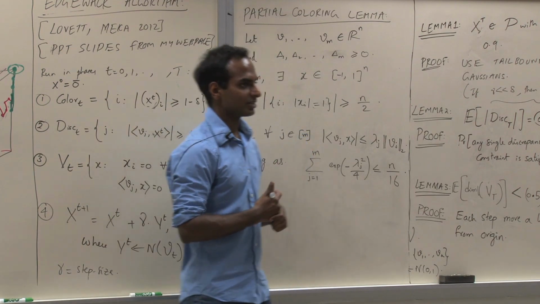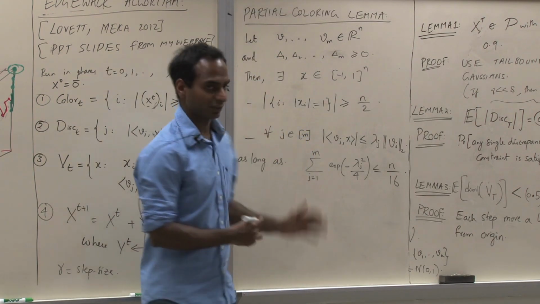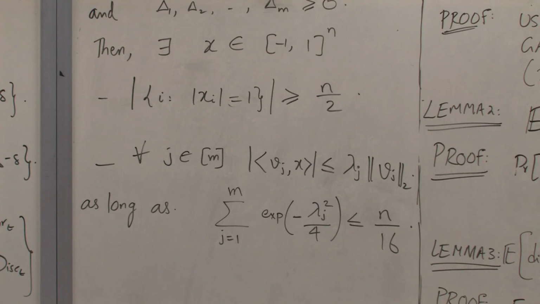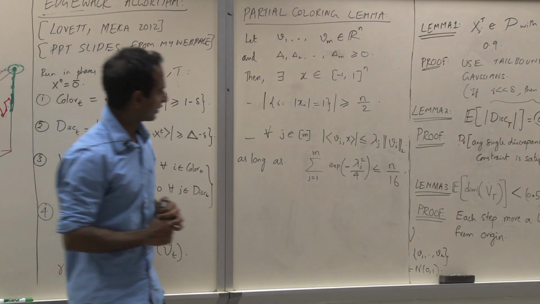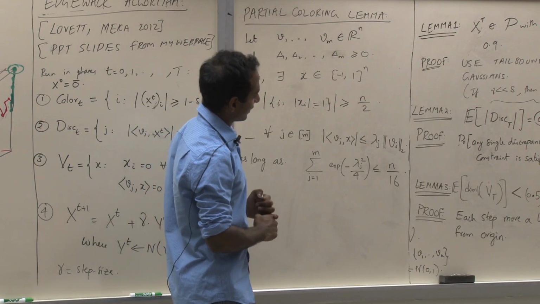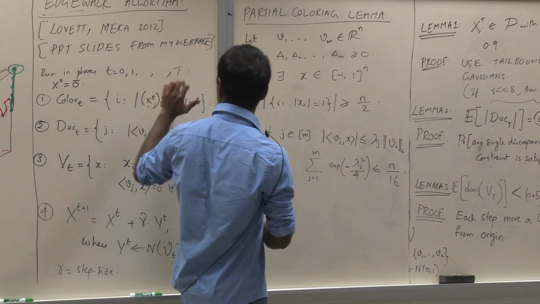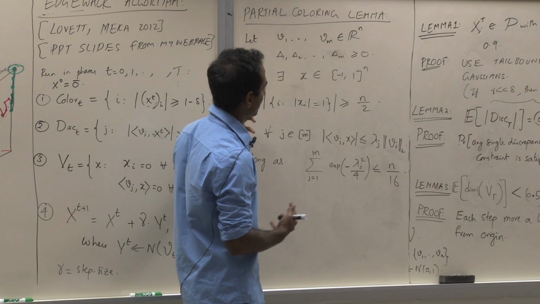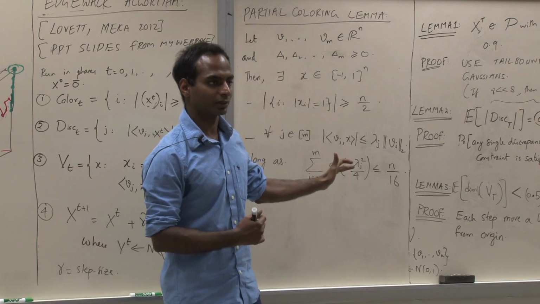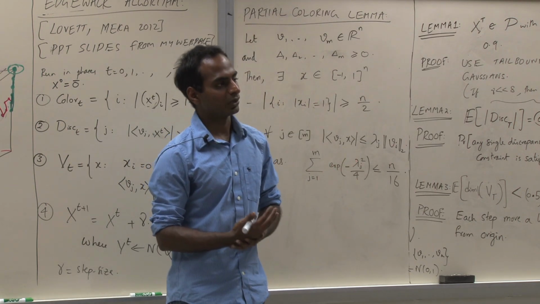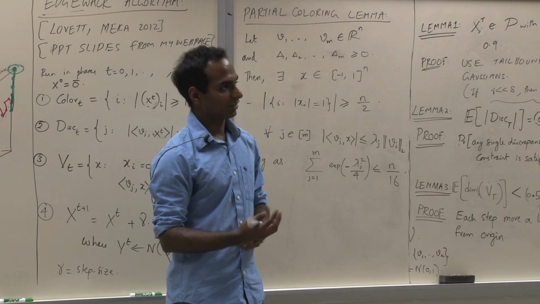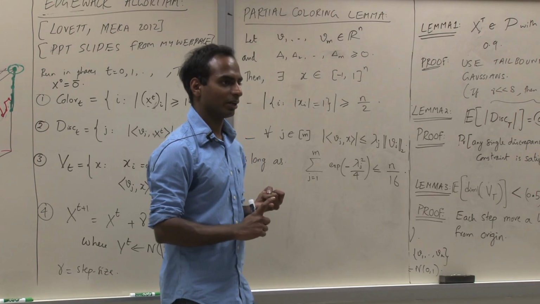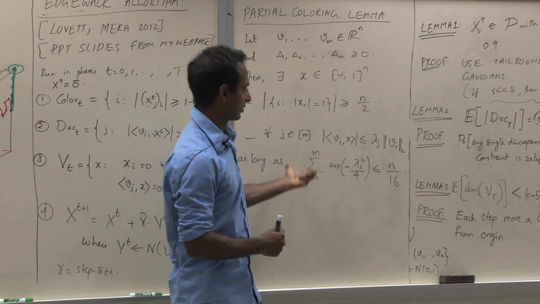So this is kind of a generalization of the earlier claim. This result is fine, but I think the main power comes from this partial coloring lemma, because using this you can prove a lot of results. For example, the arithmetic progressions bound I mentioned at the beginning builds on this.